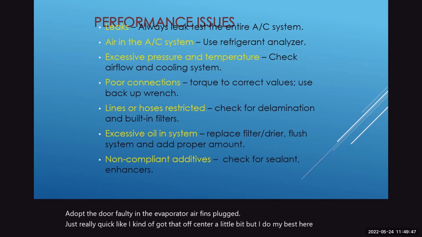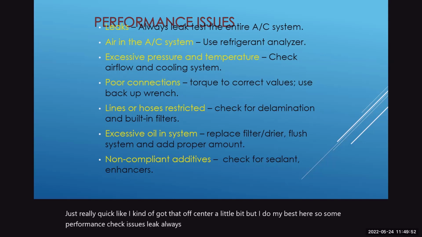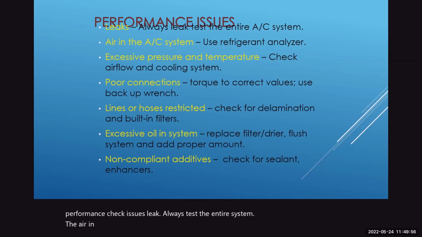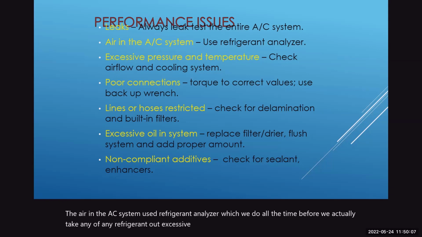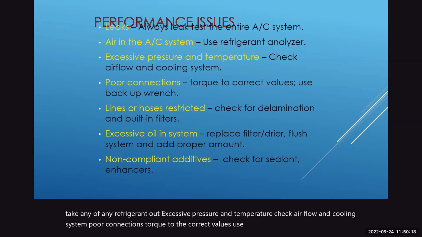So, some performance check issues. Leaks: always test the entire system. Air in the AC system: use a refrigerant analyzer, which we do all the time before we take any refrigerant out. Excessive pressure and temperature: check for airflow and the cooling system. Poor connections: torque to correct values, use the backup wrench.